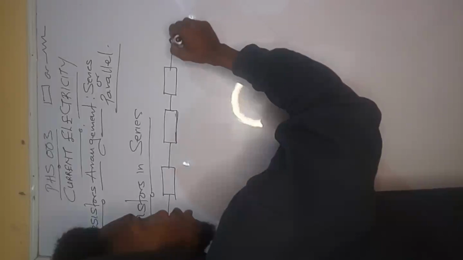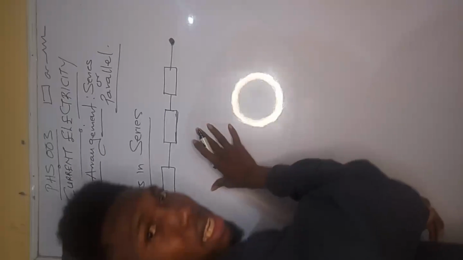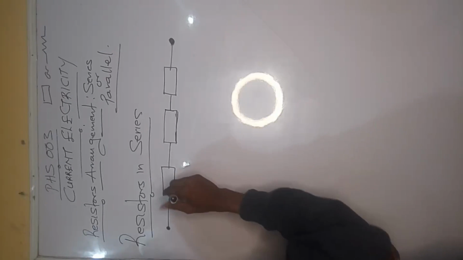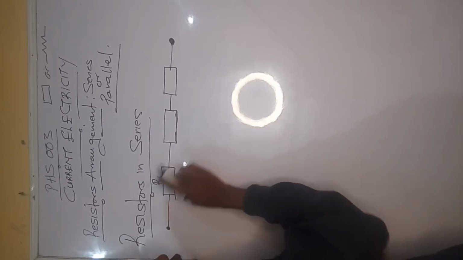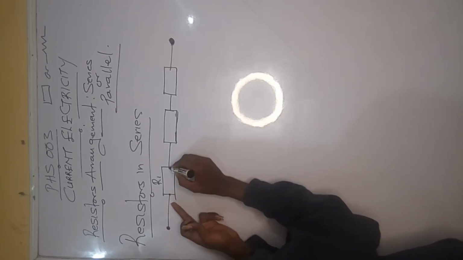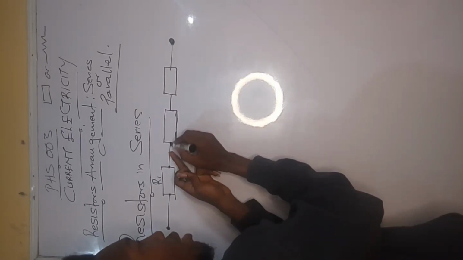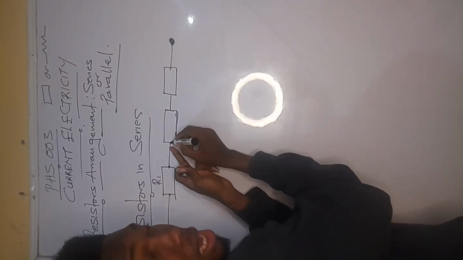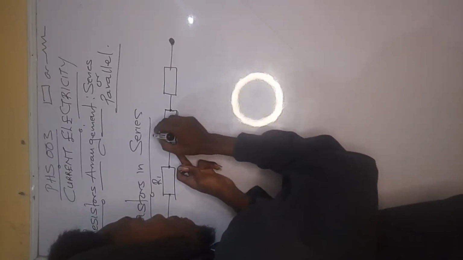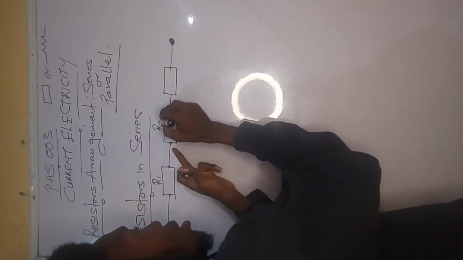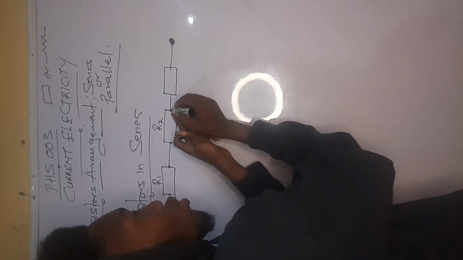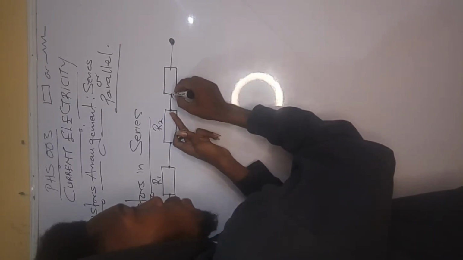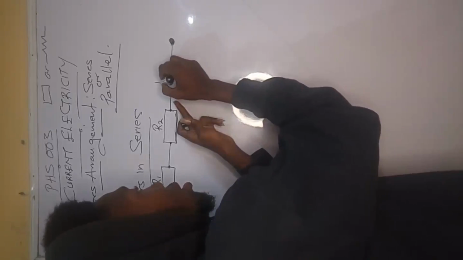Now, if you look at this diagram, you'll be able to see that we have an end-to-end arrangement. The beginning of R1 we connected directly to the beginning of R2. Then from the end of R2, we connected another wire, all these lines represent wire, to the beginning of R3.